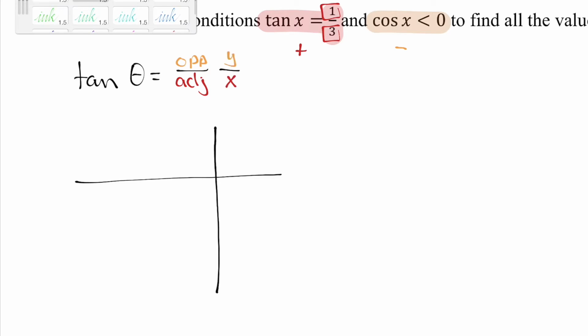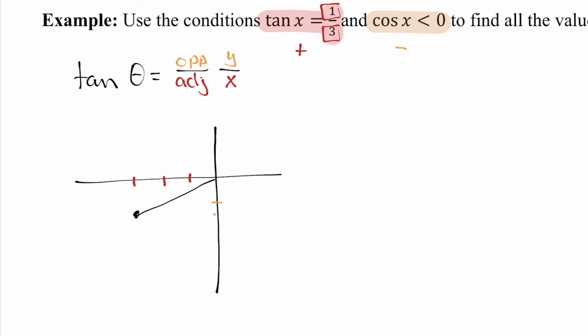And because cosine, or the x value, is supposed to be negative, then I know that the y also has to be negative in order to make our tangent positive. So another reason why we're in this quadrant. So that means that I'm going 3 for my x value and 1 for my y value, and I have my little triangle.